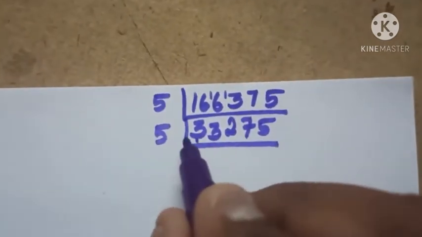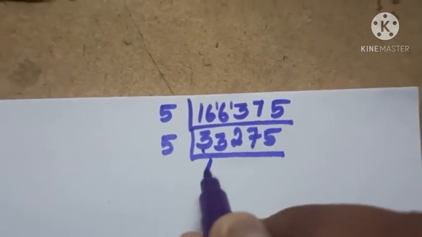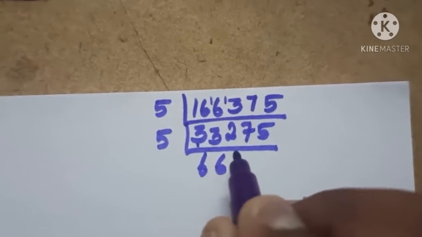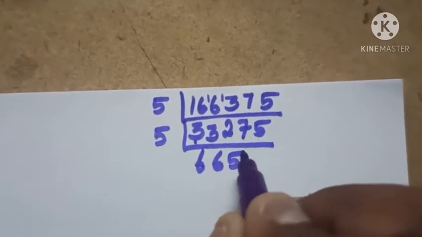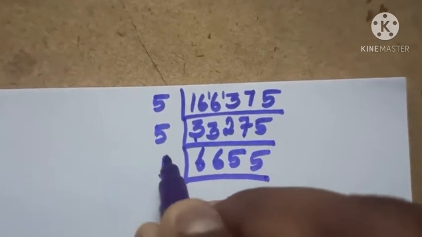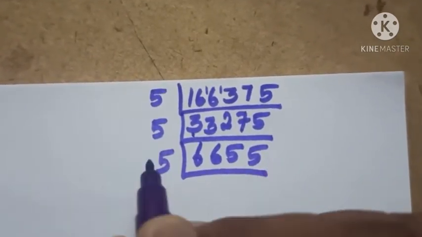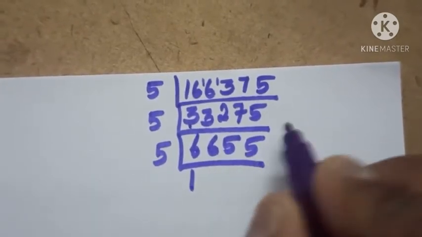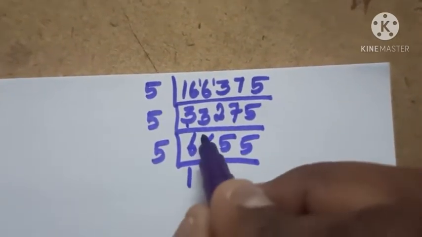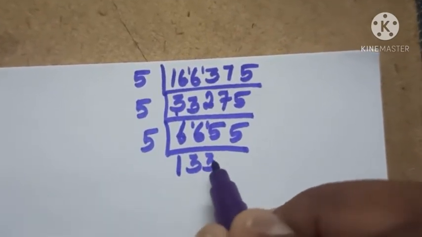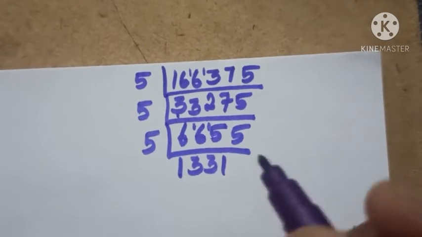So 3 is smaller than 5, go with 6 times 5, 30, remaining 3, 32. Again 6 times 5, 30, 5 times 5, 25, remaining 2, and 5 times. Again, whenever it ends with 0 or 5, we continue with 5. So 6 is greater, so 1 times 5 we take, remaining 1, and 3 times 5, 15, remaining 1, so 3 times 5, 15 and 1 times 5.